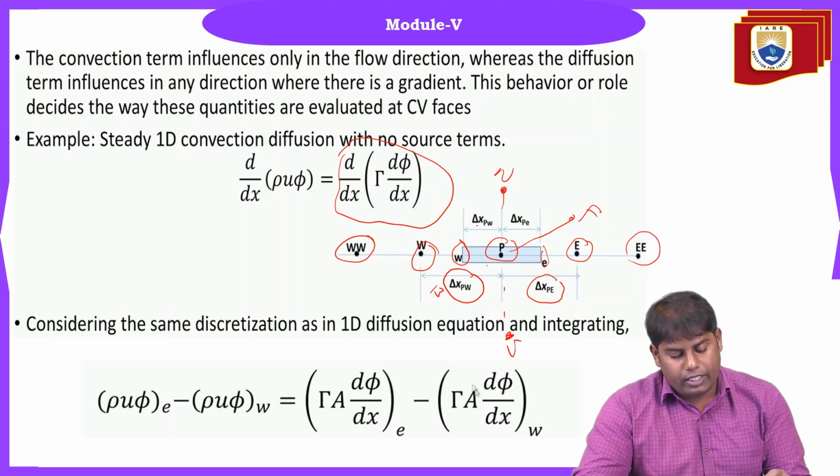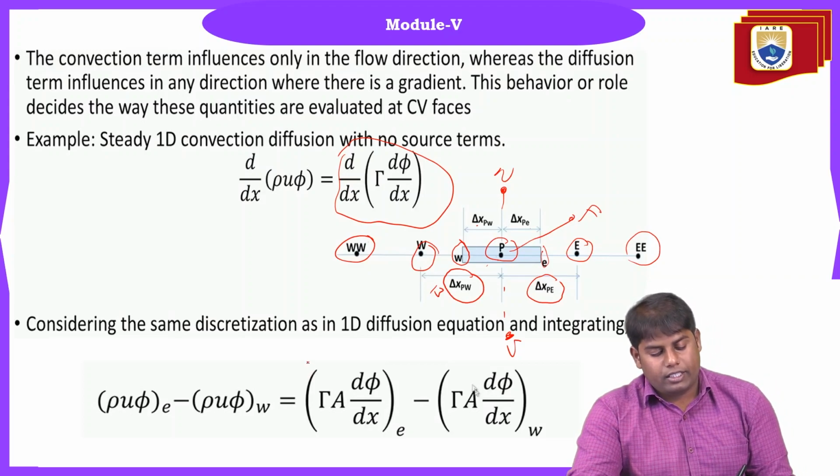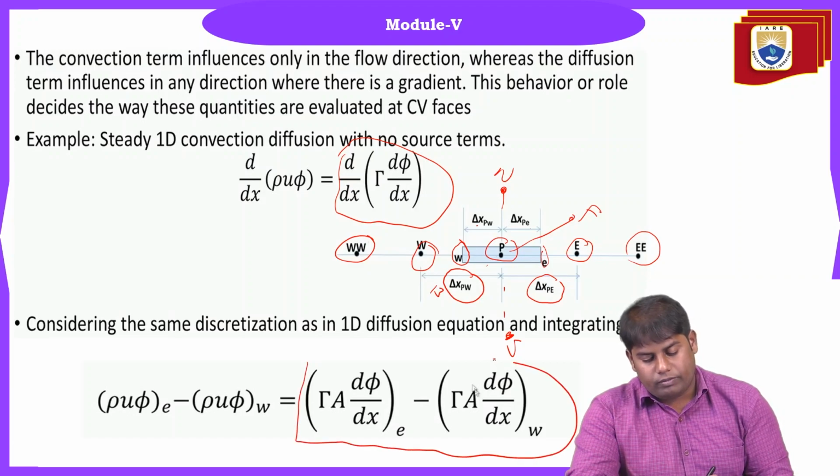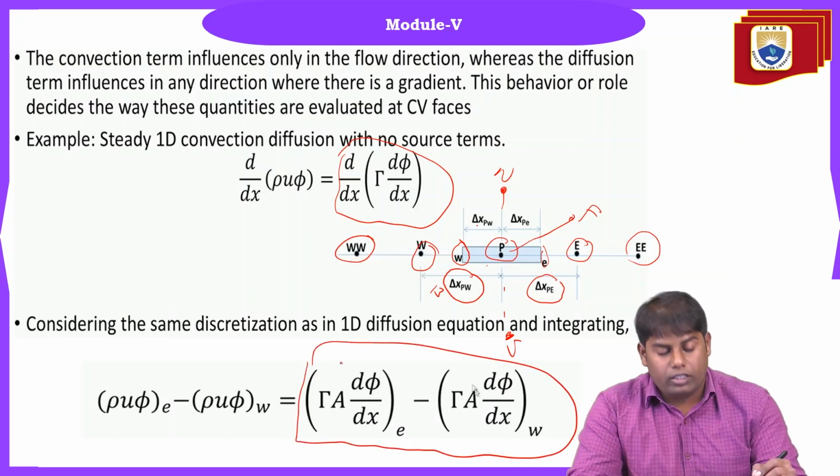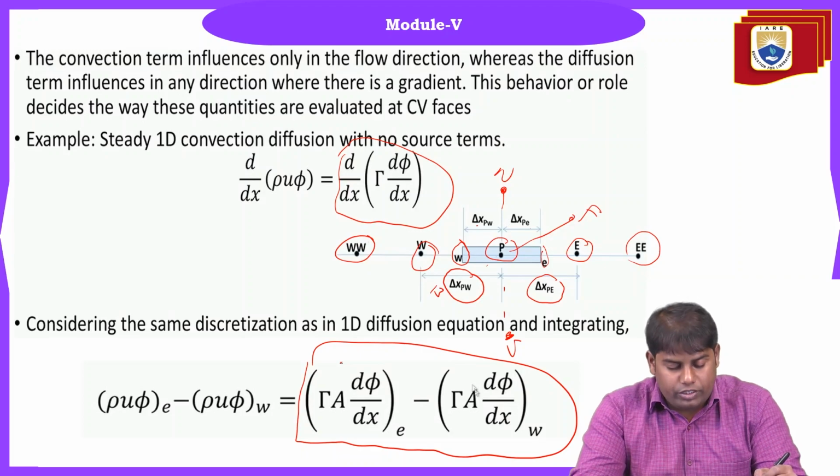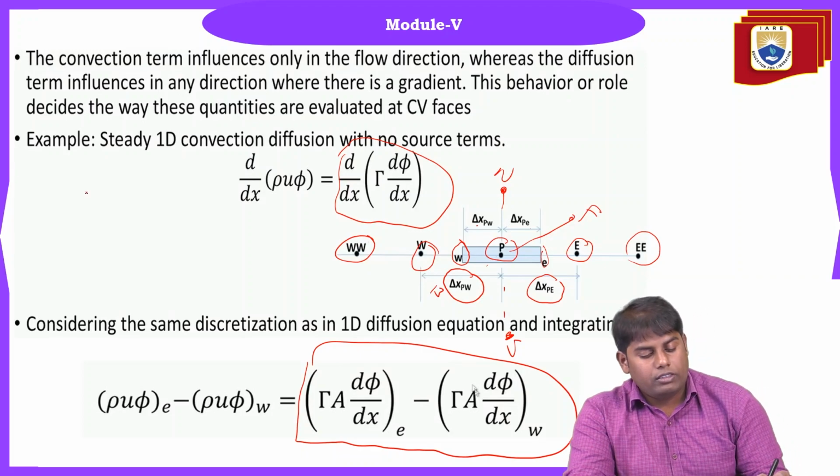So here you can see the right hand side. The diffusion term which we had already seen in the previous sessions. Okay. So what we have done? We have done the surface integral.